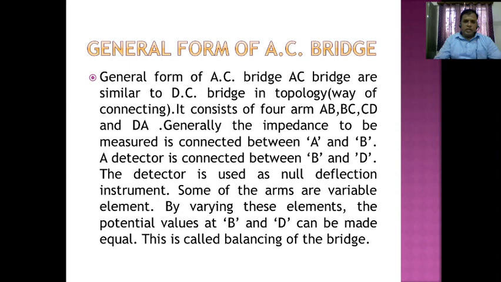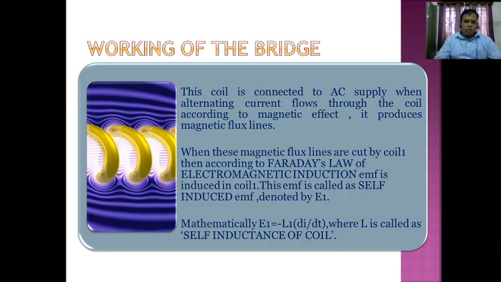So we have already seen the general form of the AC bridge, and now the working of the bridge is also very important. This coil is connected to the AC supply. Whenever the coil is connected to the AC supply, alternating current flows through the coil, and according to the magnetic effect, it produces magnetic flux lines.